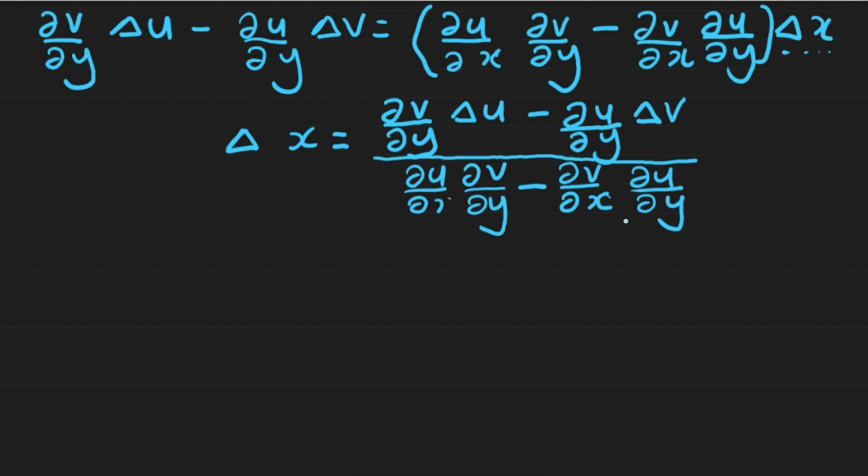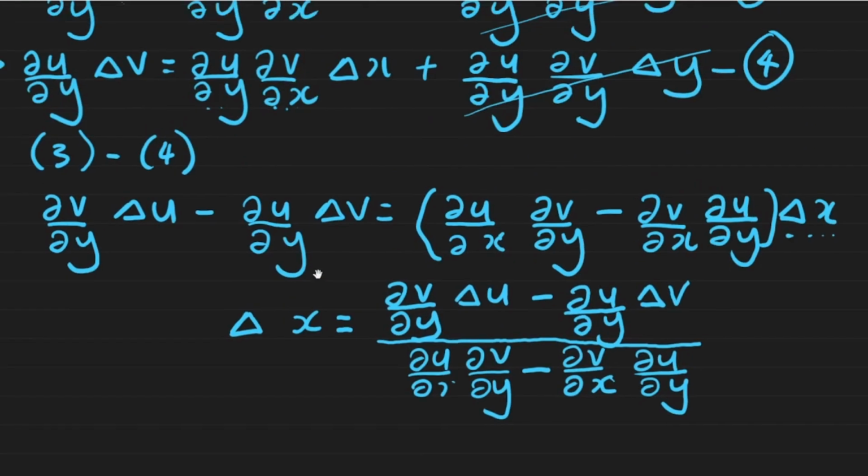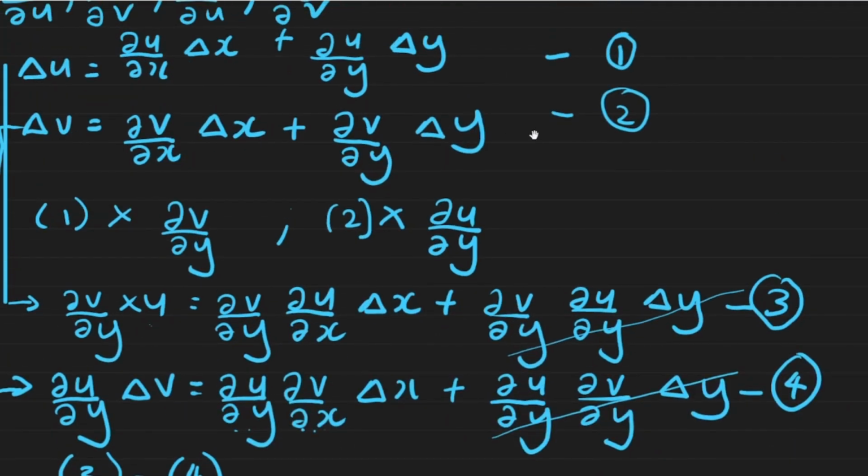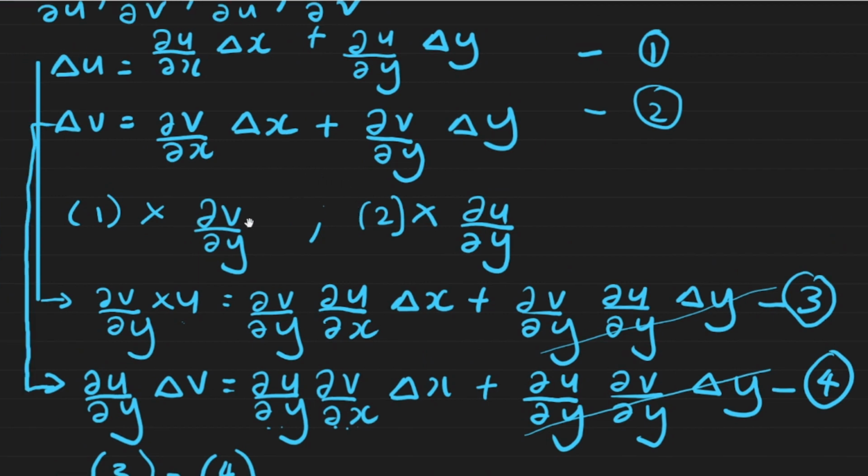Okay, so we can repeat the same thing for y. That is, instead of making delta x the subject of the formula, we make delta y the subject of the formula. Here we have equation 1 and equation 2, so we would swap these things around.